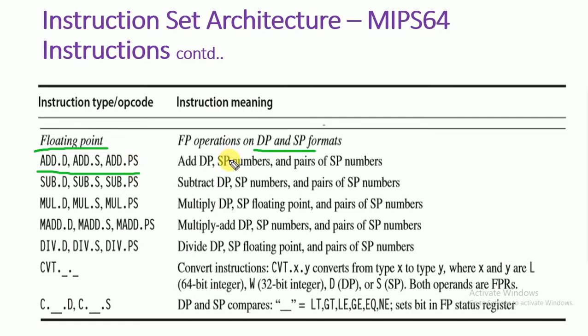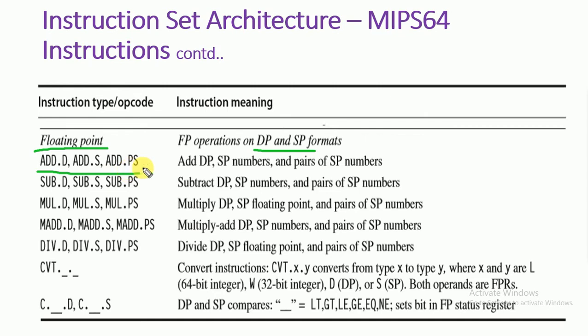So add.d is for adding double precision values, add.s for adding single precision values. We have not mentioned the operands here, we are only mentioning the opcode. We need to write operands followed by this opcode. This is only the explanation regarding the names of opcodes.